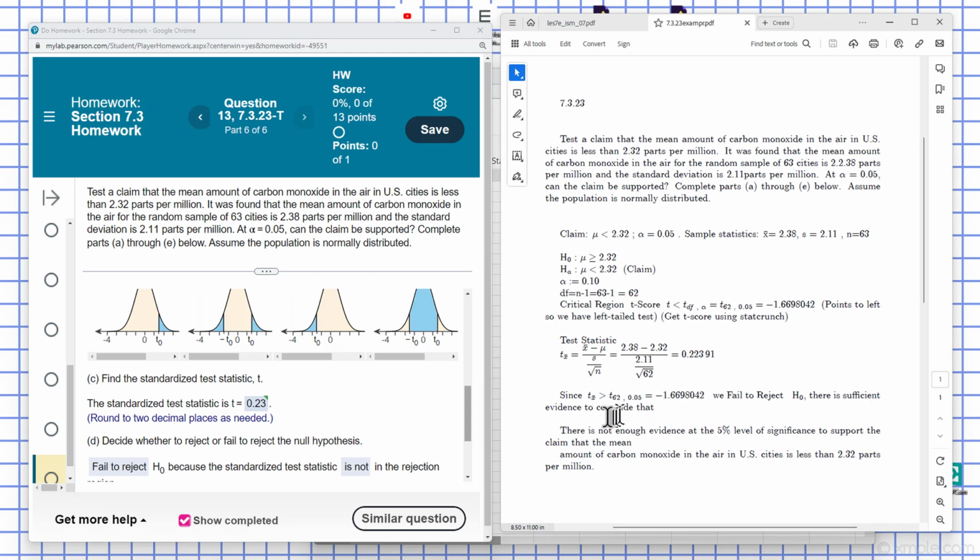So when you compare these, you see that the test statistic, the actual sample, is larger than the critical value. So it fell outside the region. In this case here, we fail to reject.